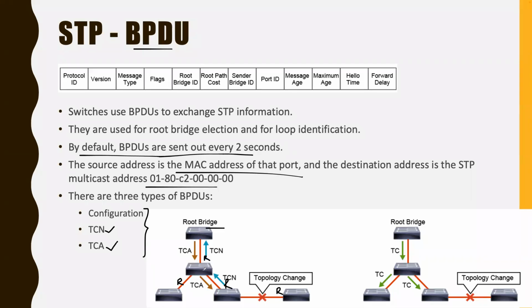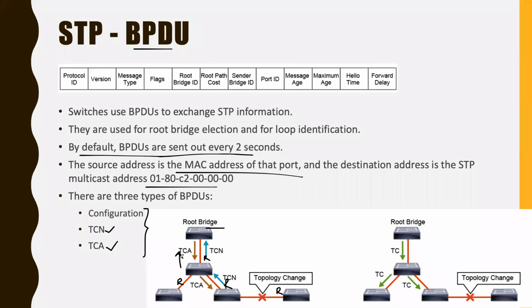Your switch will receive configuration BPDUs on its root port, but it will never send configuration BPDUs towards the root bridge. It receives only the configuration BPDUs on the root port. It does not send outwards on the root port.